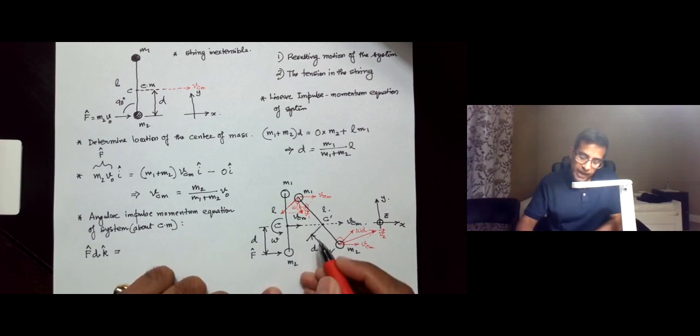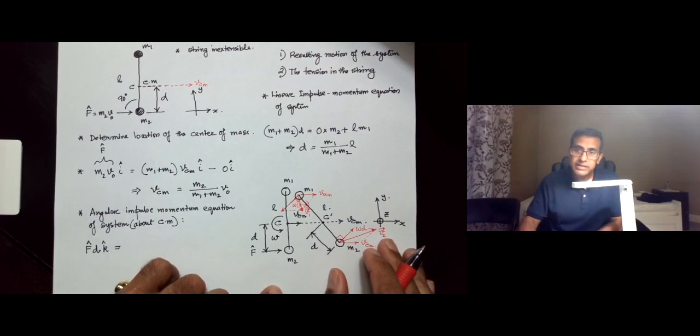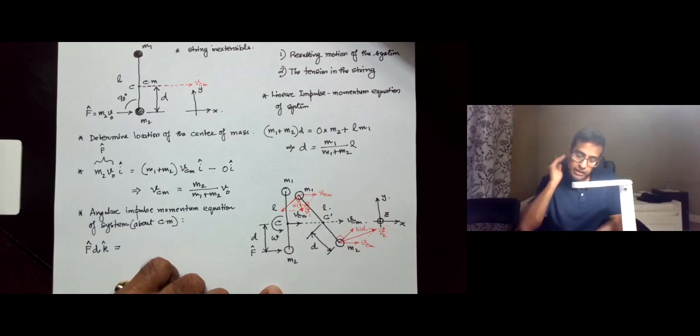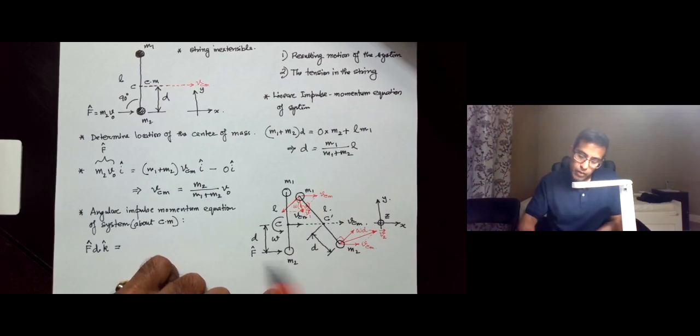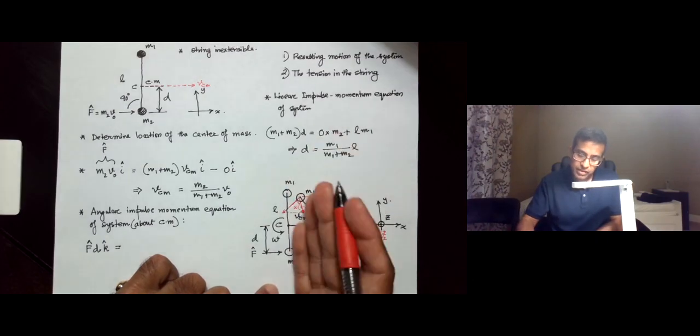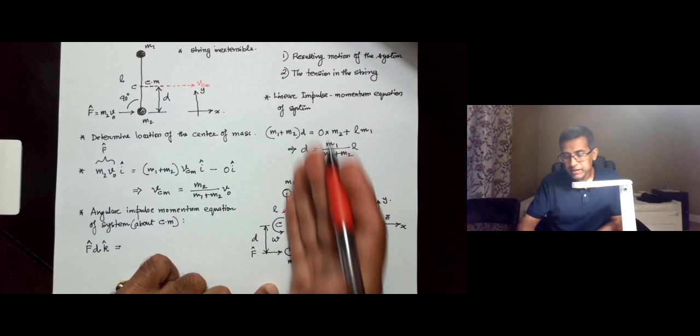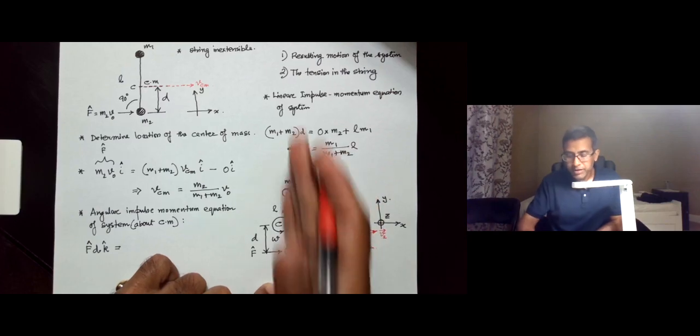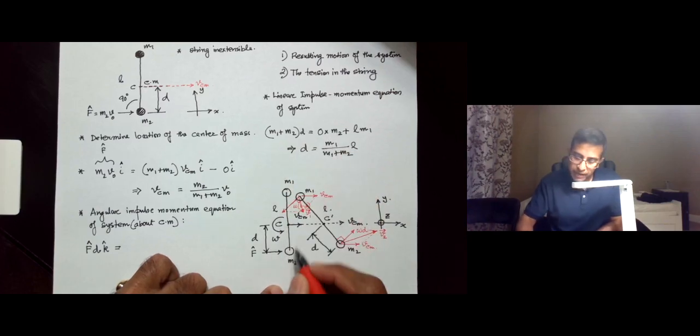Yeah, so at the initial instant, when these two particles have not yet turned, but are still in the original configuration or original direction, and the impulse has just been applied, at that instant the vcm is still going to be like this.